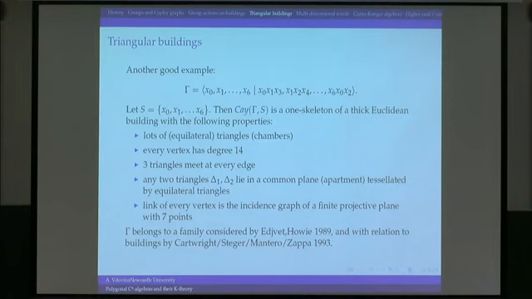I'm just saying that this group first appeared in the theory of small cancellation in papers of Edjvet and Howie, but then in relation to buildings, it first appeared in Cartwright-Mantero-Steger-Zappa papers, and this is the easiest example in the so-called Cuntz-Krieger construction, but I will not talk about it much.